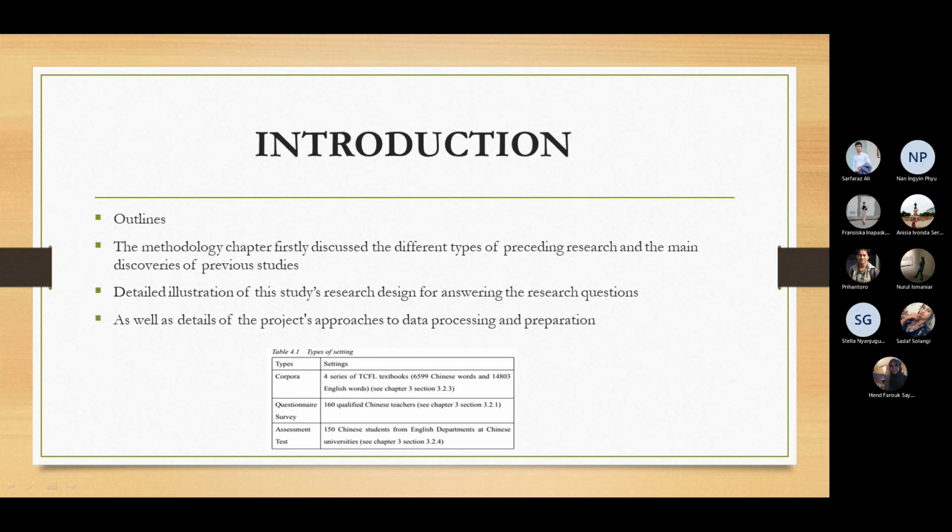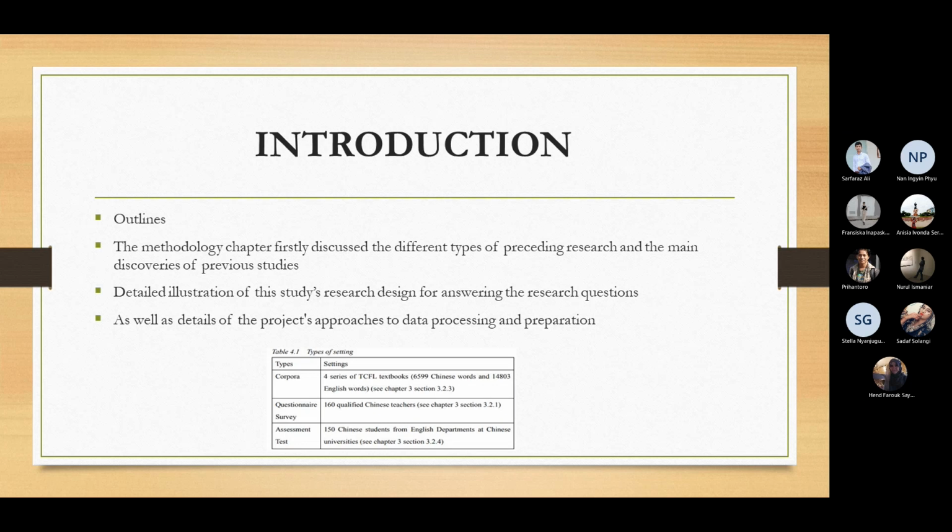So I was telling you about the outline of the chapter, the analysis of users' views on the translation of vocabulary in TCFL textbooks. First and foremost, the chapter's methodology discusses the different types of preceding research and the main discoveries of the previous studies.